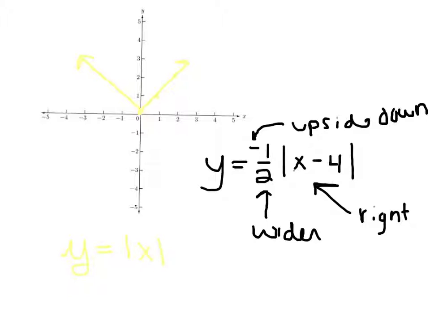So you would start off with the vertex moved over to the right 4. You would make it upside down, and instead of going over 1 up 1, you'd go over 2 down 1. Okay, so we have a flip, a wider, a move to the right.